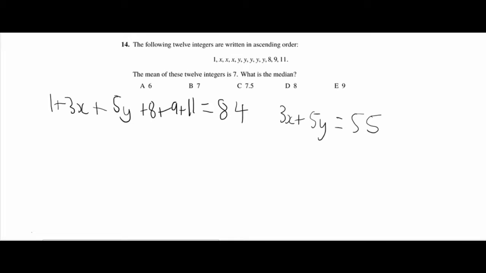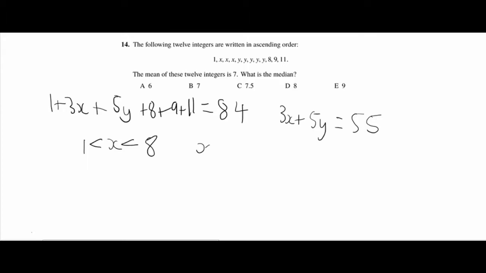So now what we can do is start thinking about the different possible values of x. So x must be a multiple of 5. And we also know, because the list is in ascending order, x is greater than 1, but also less than 8. And the only multiple of 5 between 8 and 1 is 5.